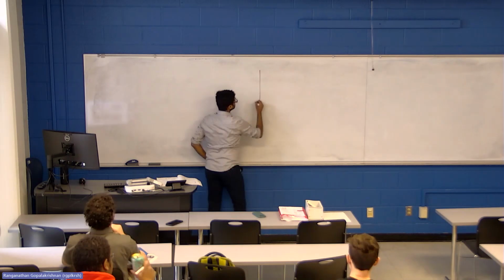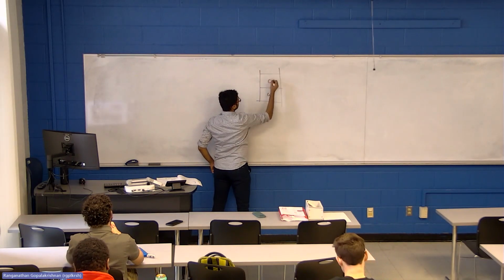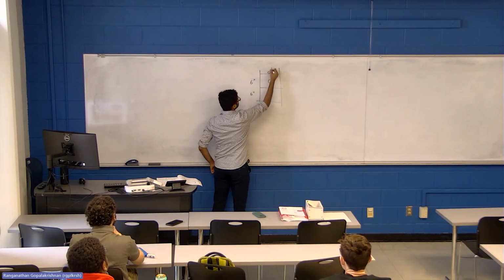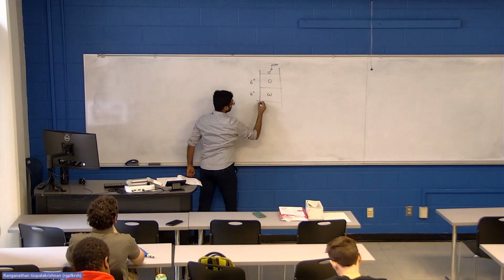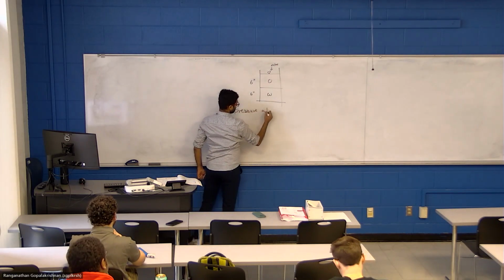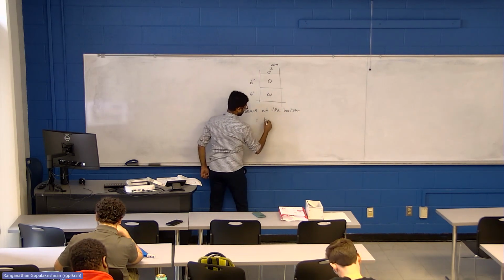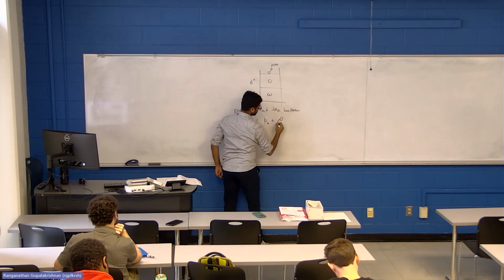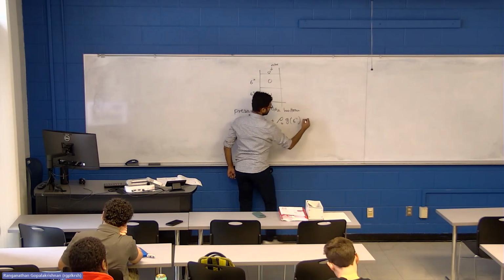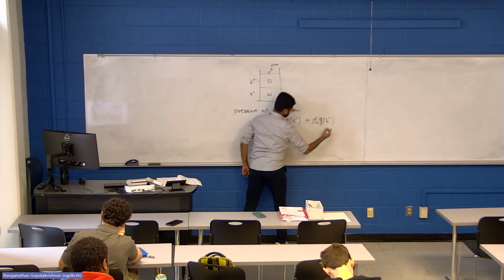So here's our tank. You have two fluids, water and oil, each of 6 inches, and then there is atmospheric pressure. So the pressure at the bottom would be P atmospheric plus the density of oil times g times 6 inches plus the density of water times g times 6 inches.